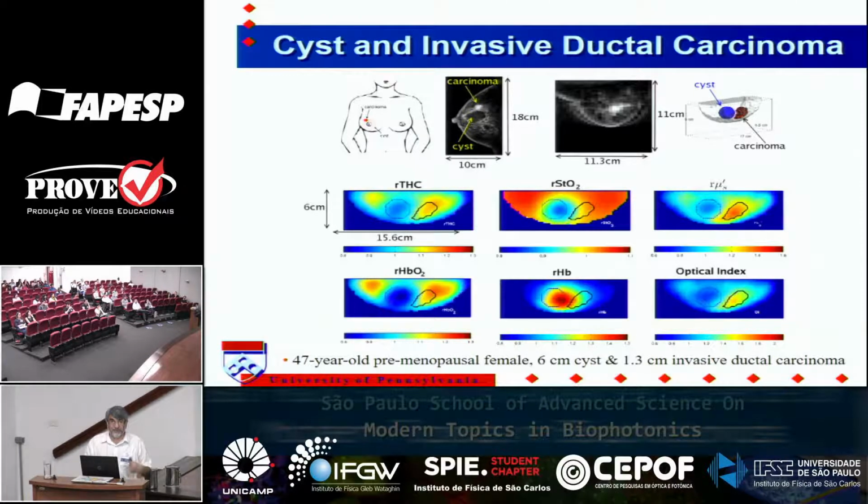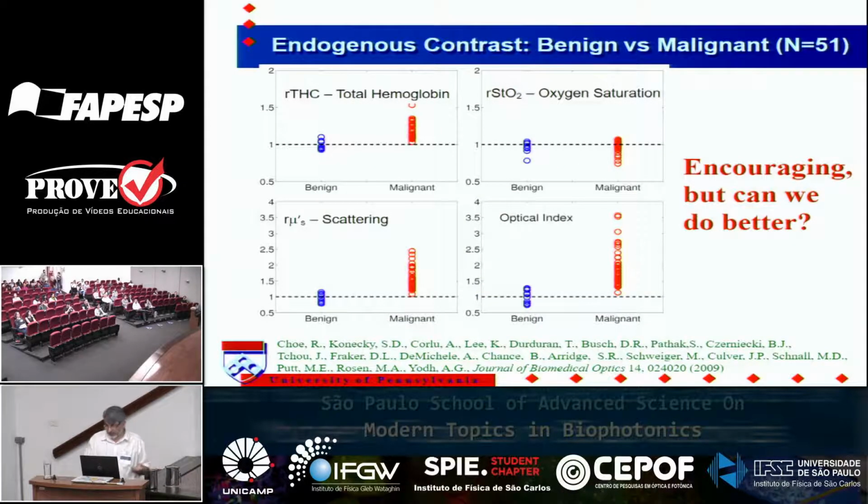Anyway, so we basically set this up and looked at a bunch of patients. Here are results, and I should say again, there are other folks, especially Brian Pogue at Dartmouth, who did a lot of work on this problem, and basically came to similar conclusions, that in fact you can have, just based on endogenous contrast, okay, so the natural contrast of your tissue, your lesion regions compared to your normal tissues, there's natural contrast in these blood variables, in part because the metabolism is different and in part because the vasculature is different.